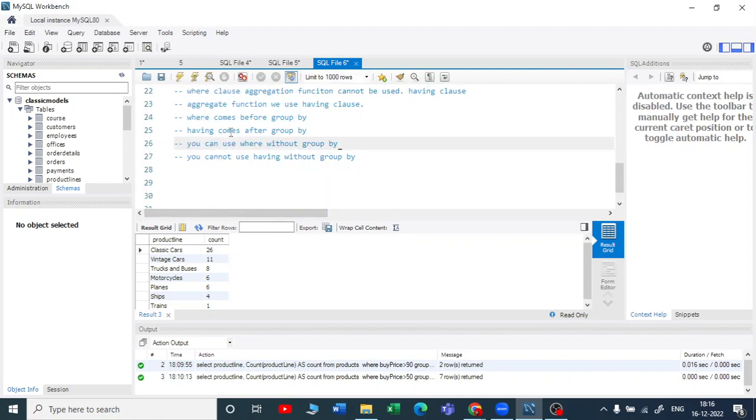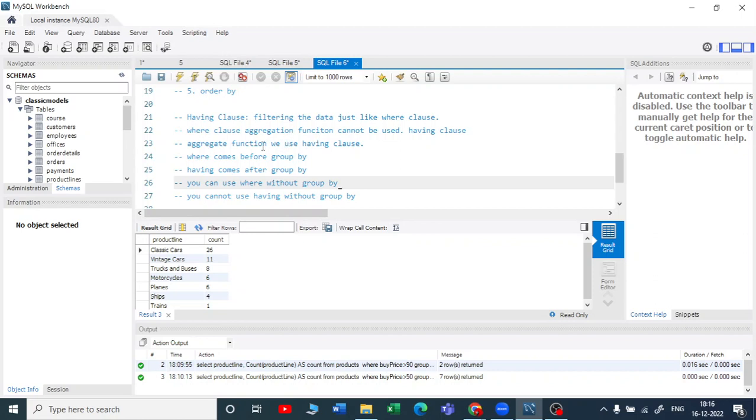So let me give you the difference between where and having. Very important. The where clause comes before the group by, the having clause comes after the group by, and you cannot use the having clause without group by, whereas you can use the where clause without the group by also. You can use the aggregation functions in having only, whereas you cannot use the aggregation functions in the where clause.